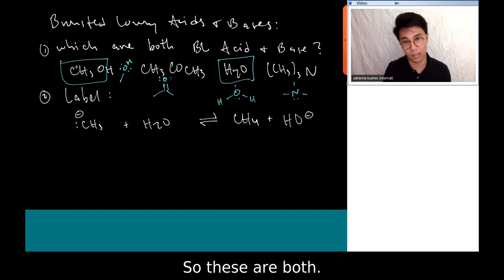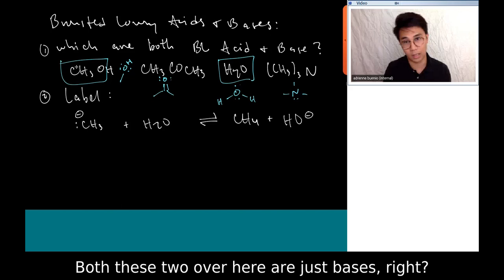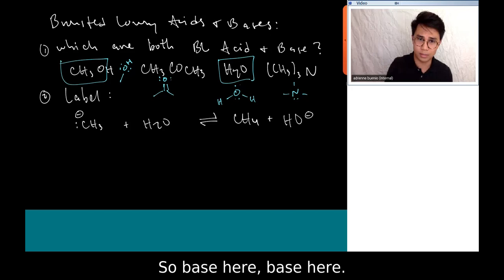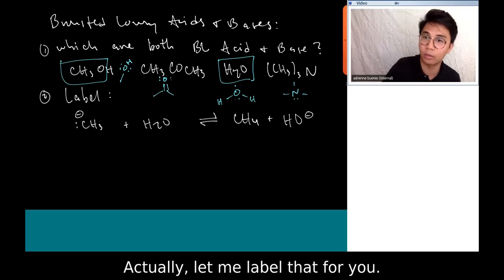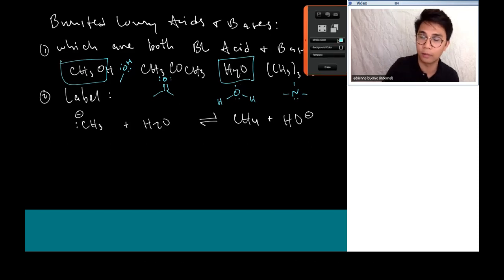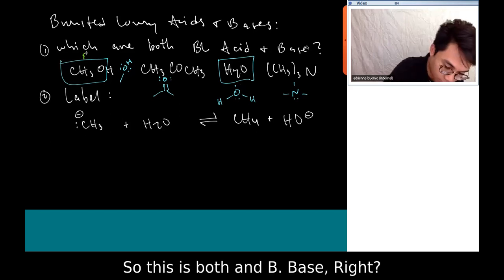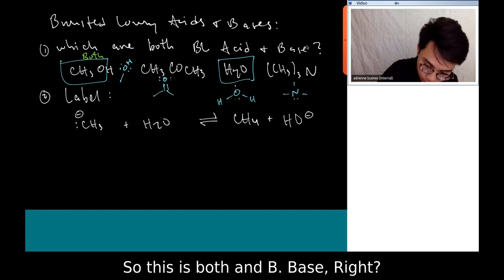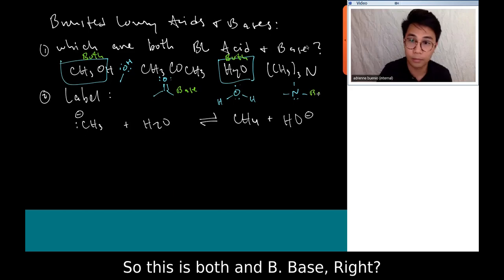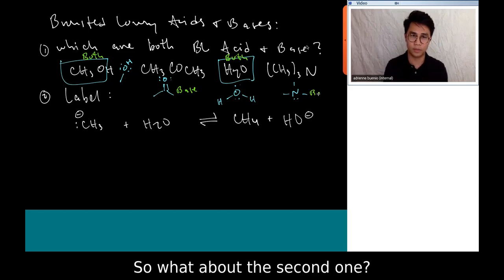So these two over here are just bases. So base here, base here. Actually, let me label that for you. Okay, so this is both, and base, base. Okay, so what about the second one?